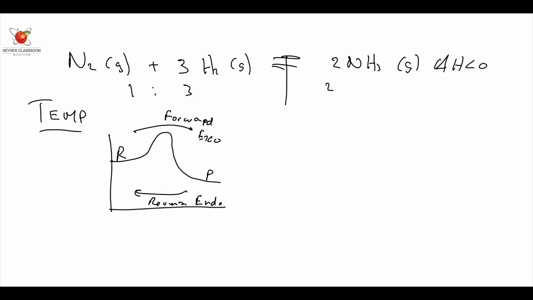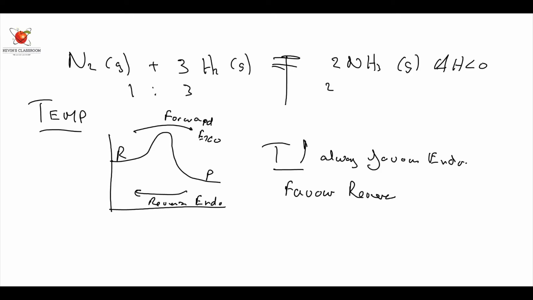Let us say temperature goes up. What do I say? Temperature going up always favors the endo. It's going to favor the endo, so what will happen in this case? It'll favor the reverse reaction.